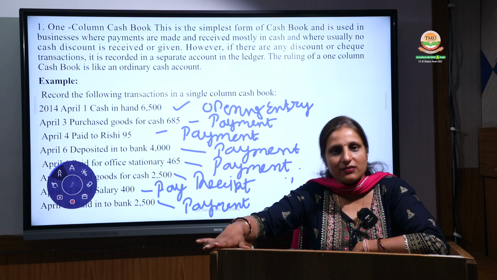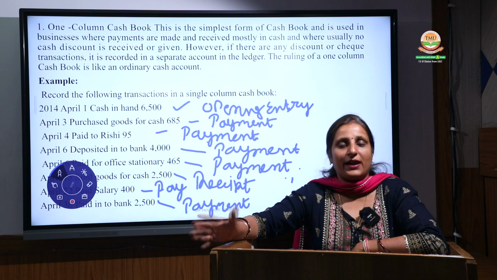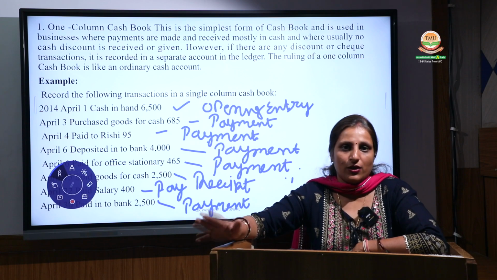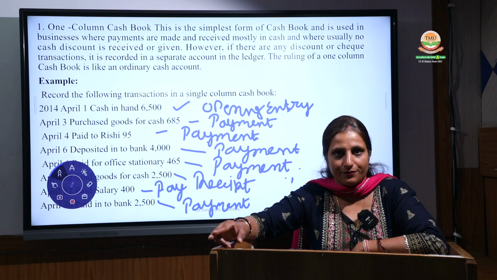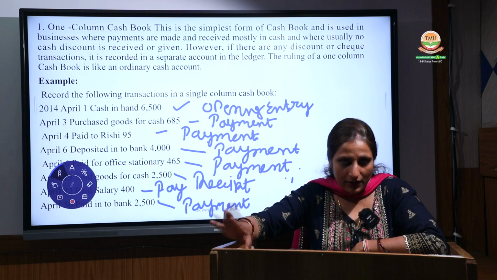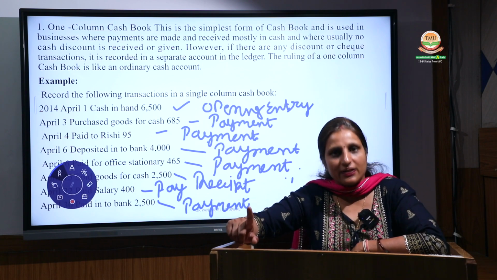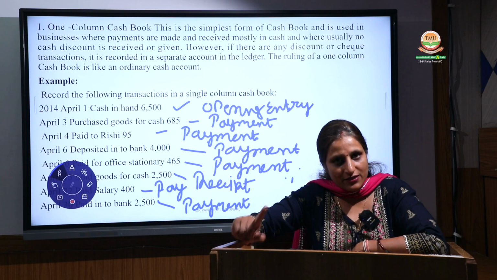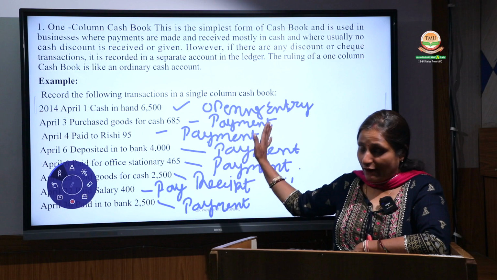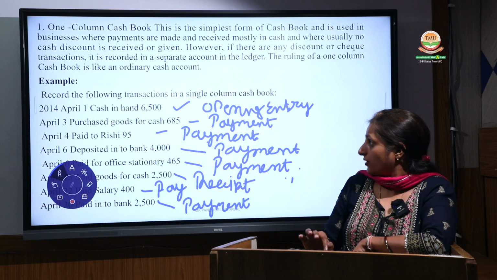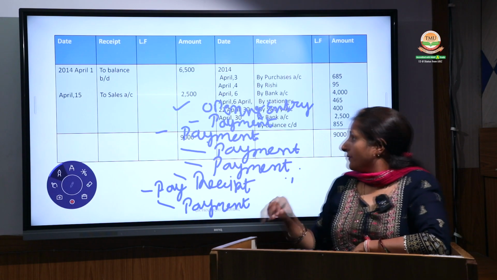If you are getting the cash, it is a receipt. If you are paying the cash, it is a payment. So you have to identify whether it is a receipt or a payment. Clear, students? Whatever entries you are doing, you have to identify receipt and payment, and record the entry in the simple cash book.